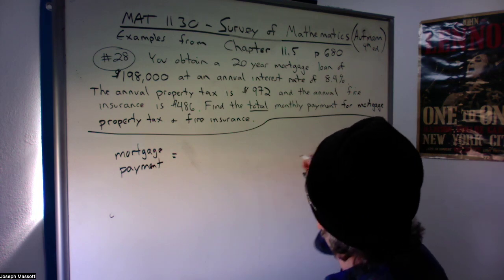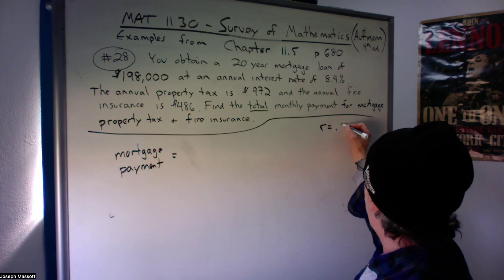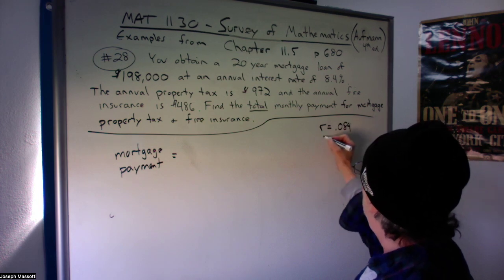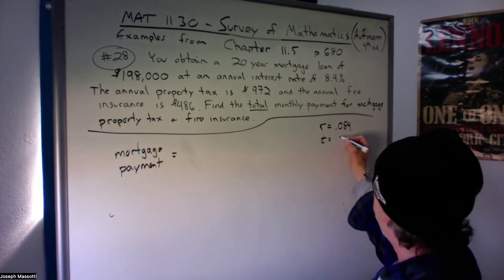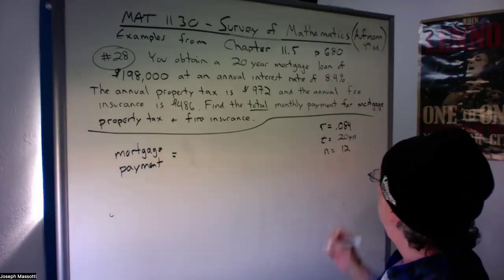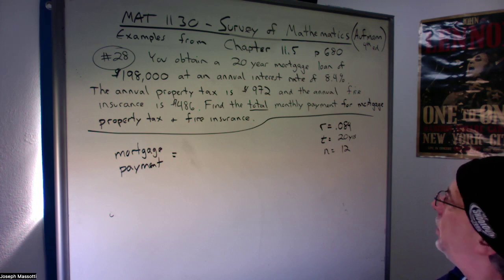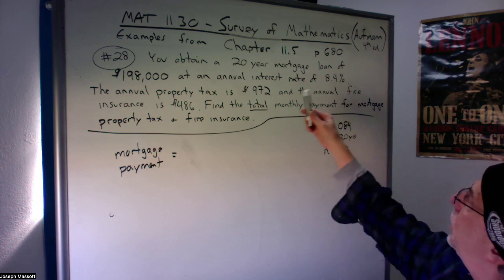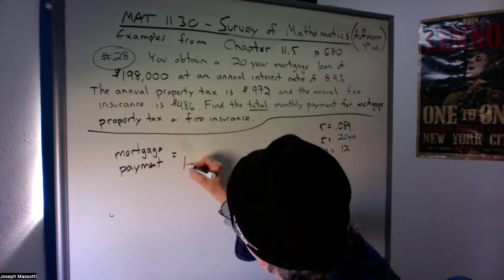Let's gather the information here. So we got our rate is 8.4%. Our time is 20 years. Remember, our N for these calculations is always 12 since it's a monthly payment. And our amount is $198,000.